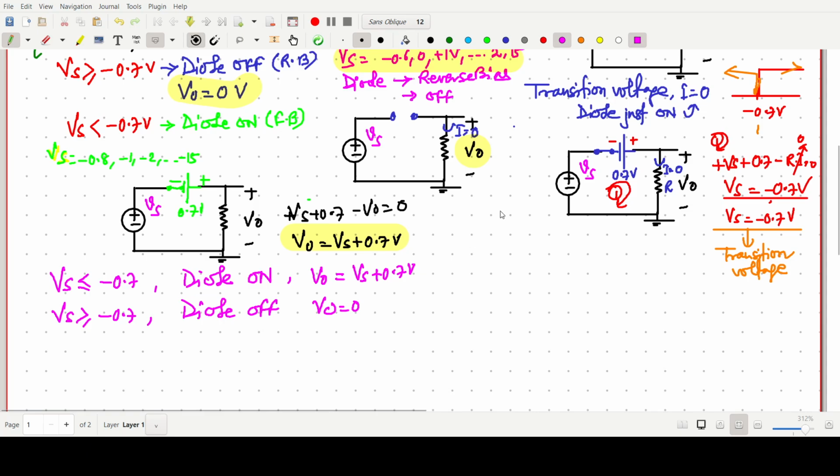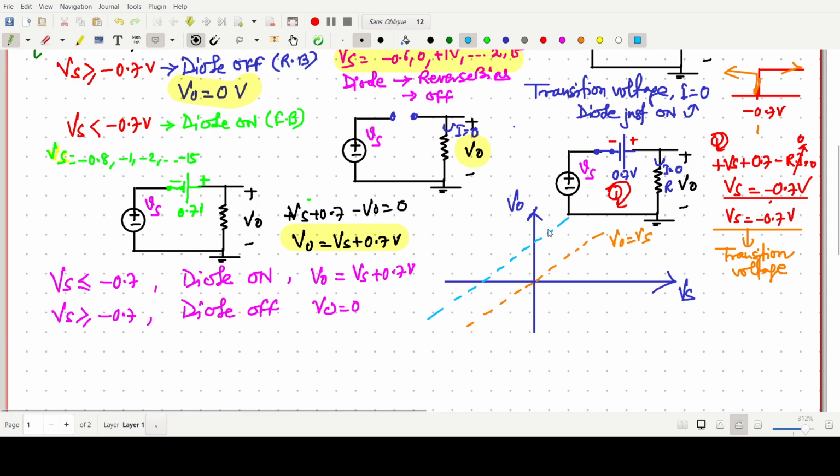So now we have to plot the V naught versus Vs curve. So what we can do: V naught equals Vs, we can say this is a y equals x line. Then Vs plus 0.7, so this curve will go up by 0.7. So I am making it like this.